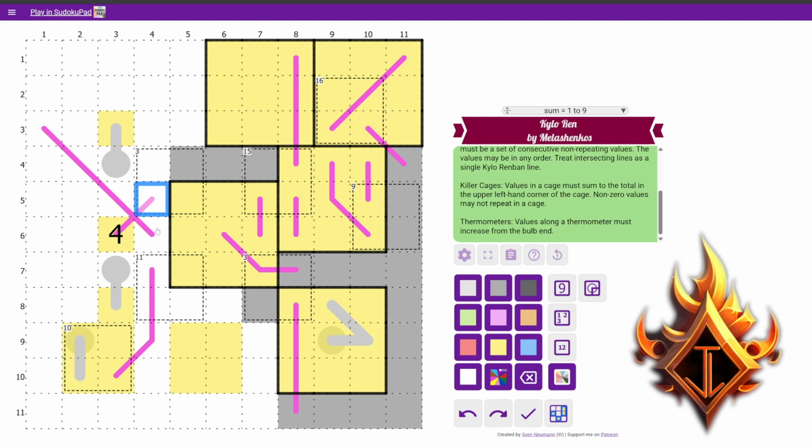But only one out of all of these can be yellow, or can be gray. So if this was gray, this would have to go that way.